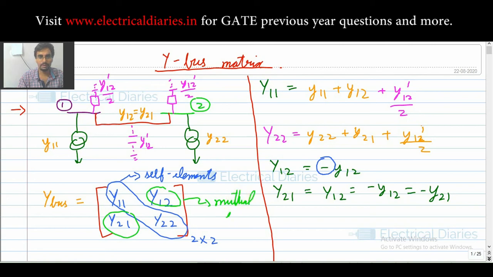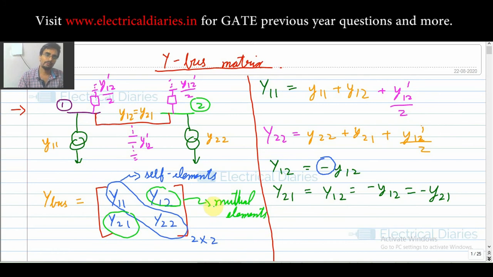And I hope you could understand from the discussion that this Y bus matrix is always symmetric. That is, your upper triangle elements are equal to the lower triangle elements. So y12 is equal to y21. Okay, so that is the main thing.